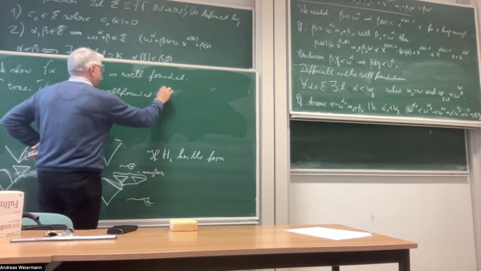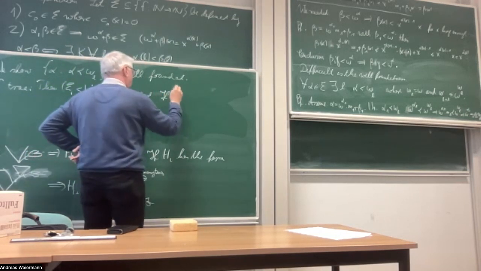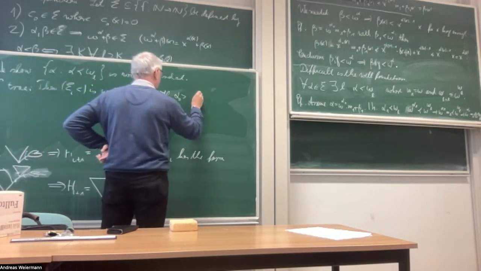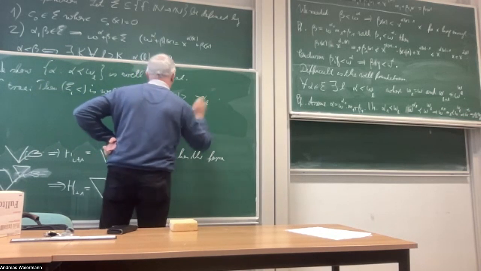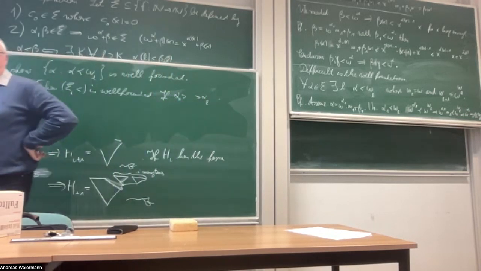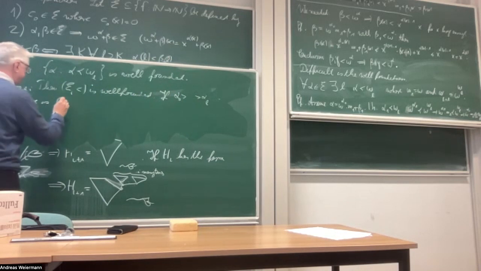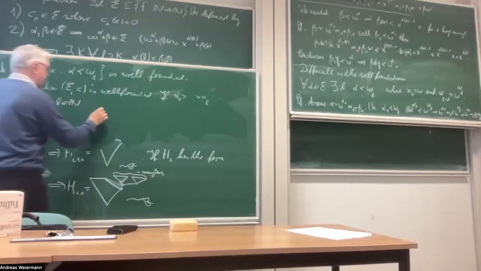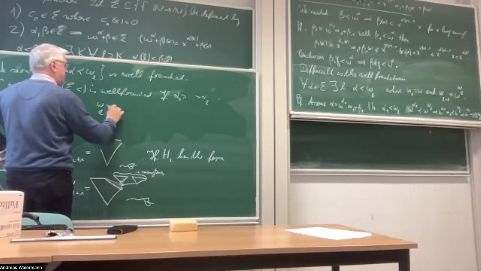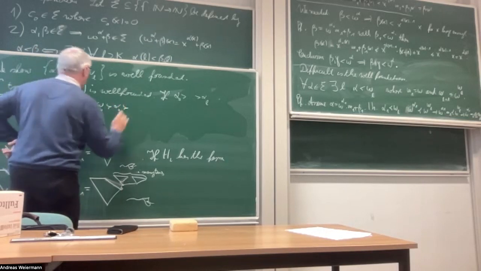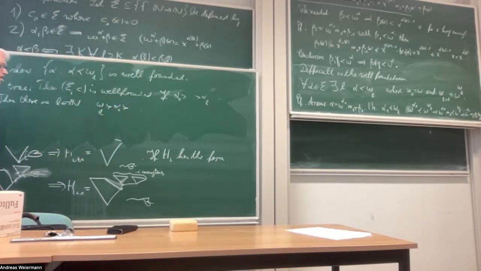Why? Well, if we have a strictly descending sequence alpha 0 bigger than alpha 1, then there is some L such that omega index L is bigger than alpha 0. And then this one would not be well founded. So if we have shown that all these sets are well founded, then the whole set is well founded.